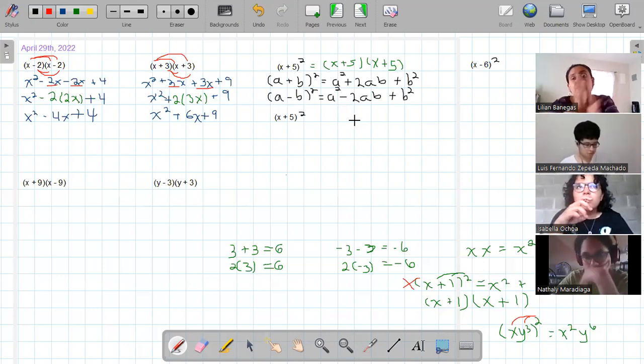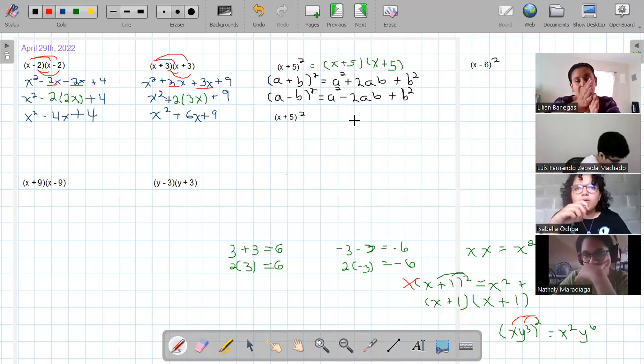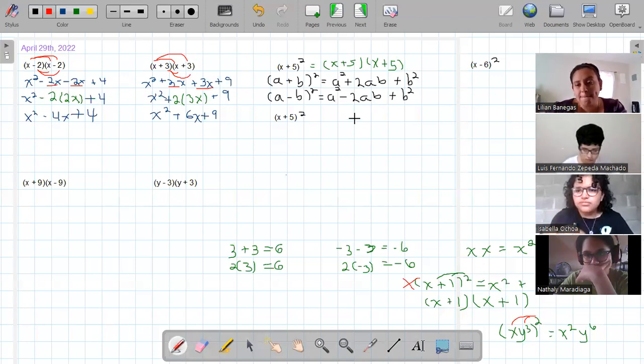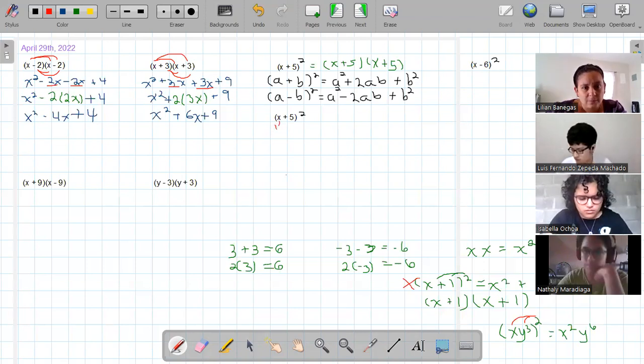It's like the separation. So from the sign to the left, that will be A. And from the sign to the right, that will be B. In this case, it's easy because it is only X. This is A. And this is B. Okay, easy peasy breezy. Now, this is an addition.